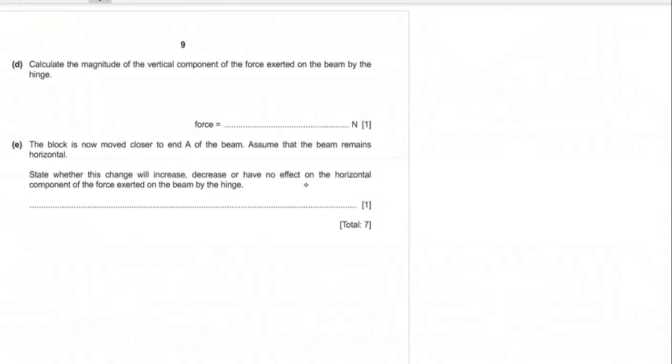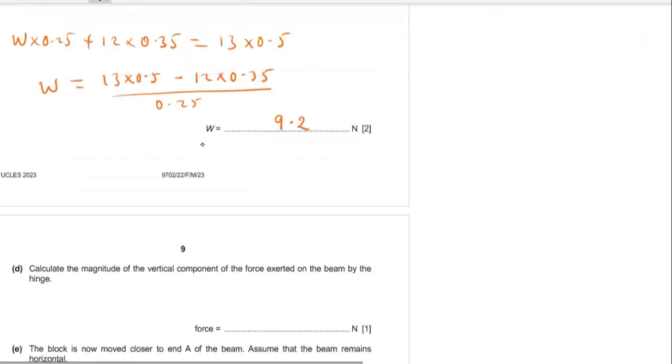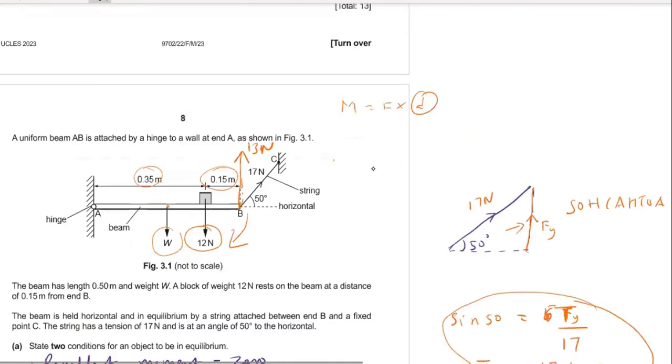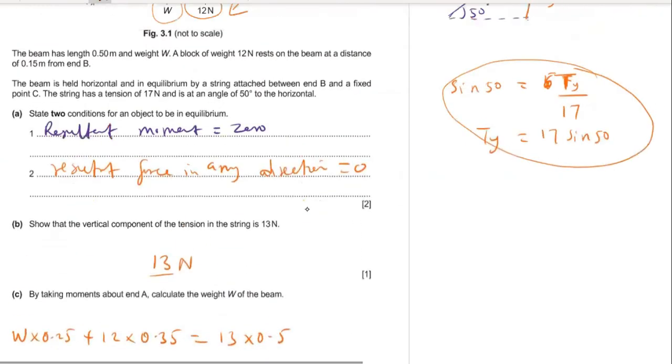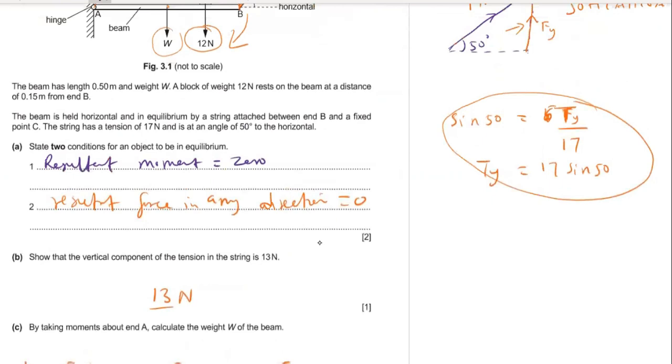Part B, calculate the magnitude of the vertical component of the force exerted on the beam by the hinge. So let's look at the diagram once again. There's an upward force here by the hinge acting upward. For part C, we applied the condition that the resultant moment about a point must be equal to 0, meaning clockwise moment is equal to anticlockwise moment.